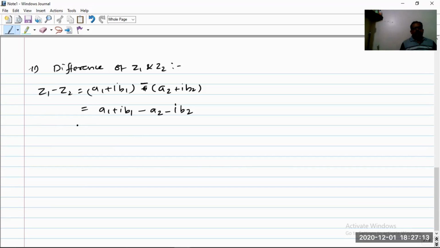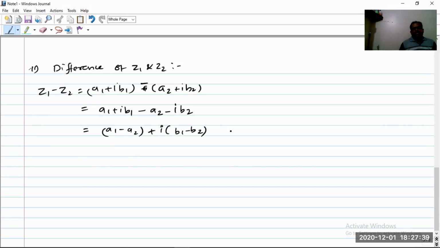Now again collecting the like terms together, the real parts A1 minus A2 can be taken together in one bracket, plus in the imaginary parts, if I take i common, I am left with B1 minus B2. Again students, as A1, A2, B1, B2 are real numbers, their difference will also be a real number.